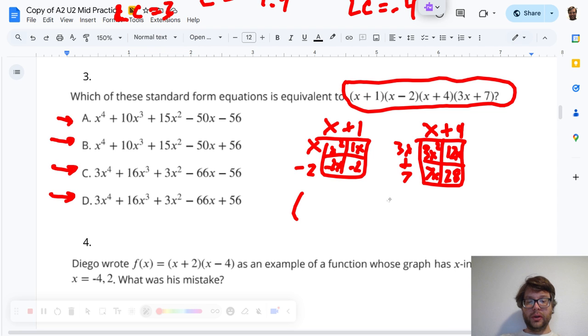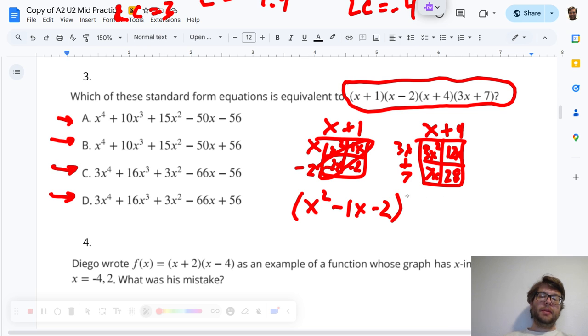So the first two factors became x squared minus 1x minus 2. I added these like terms in the middle to get the minus 1x. The second two factors became 3x squared plus 19x plus 28.